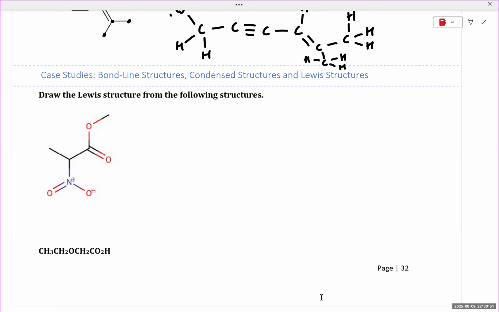Okay, so looking at these examples, first and foremost, we have some atoms with formal charges. So we're going to want to make sure that our final structure with all the lone pairs added in has the correct formal charge. So let's draw out all of our carbons.